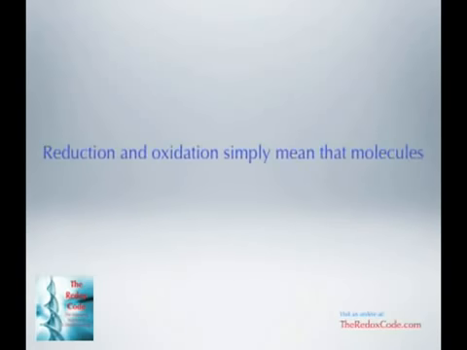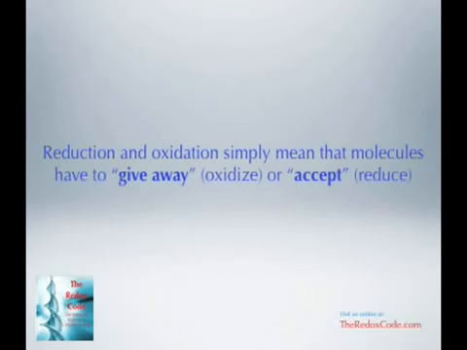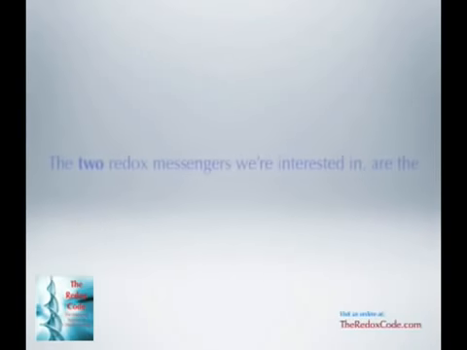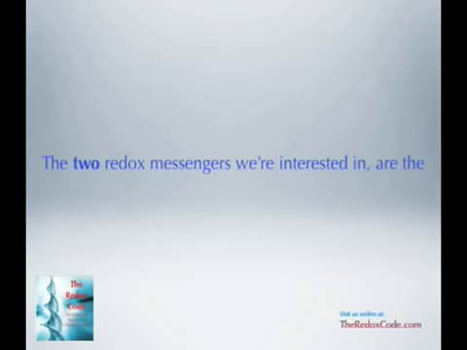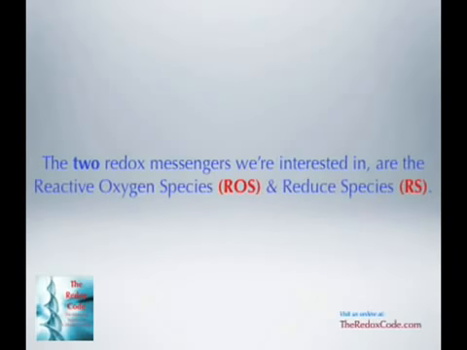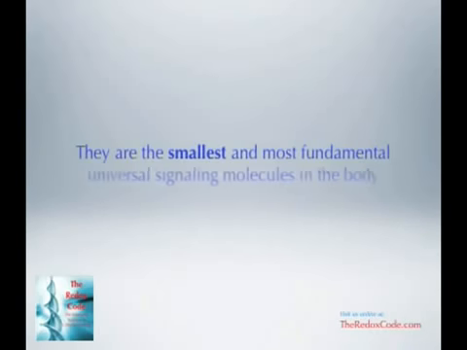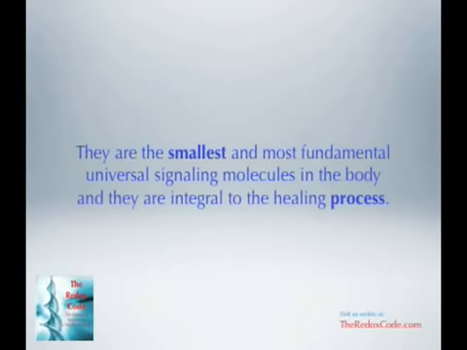What that means is reduction and oxidation mean that the molecules have to give away, which is to oxidize, or accept, which is to reduce, electrons to and from other molecules in their vicinity. Now, the two redox messengers we're interested in are the reactive oxygen species, or ROS, and the reduced species, the RS. They are the smallest and most functional universal signaling molecules in the body, and they're integral to the healing process.